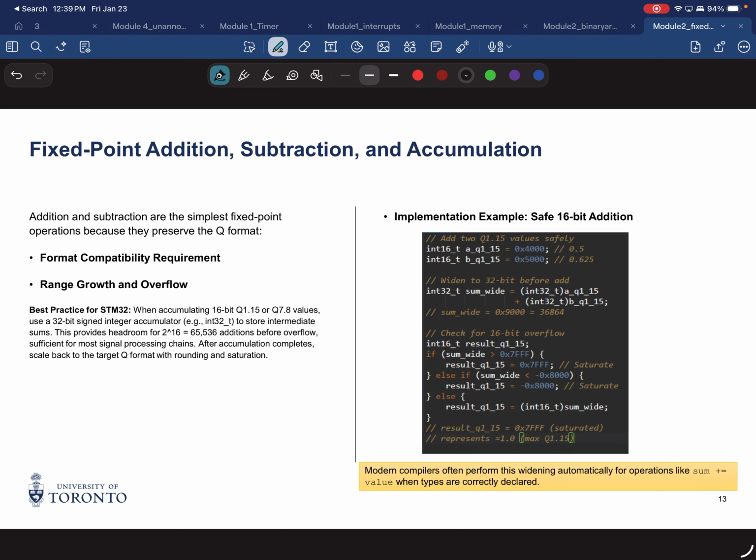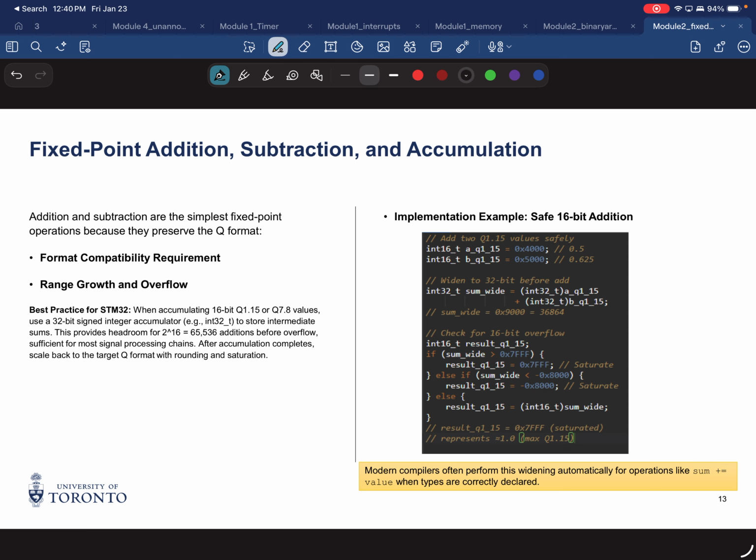When you are summing two numbers in 16-bit, in order to make sure overflow doesn't happen, instead of keeping track of whether these numbers are small enough to be summed up and their summation would fit in a certain number of bits, what you do is you add two 16 bits, put it in something bigger, like 32 bits, and then check that 32-bit content to know if overflow has happened or not. All right? So this is a very good practice to have that middle step.